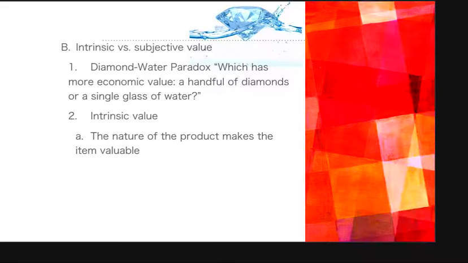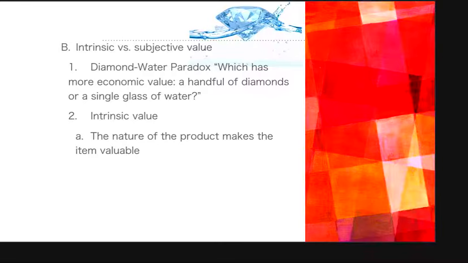And then when we look at the nature of it, we combine that with scarcity and labor that go into producing that product, and we say, well, that's valuable because of the nature of it. So most of us think of things like diamonds as being intrinsically valued, or we think of things like expensive electronics, like a cell phone or a laptop, might be intrinsically valuable because of all the materials that go into creating it or the labor involved in that.